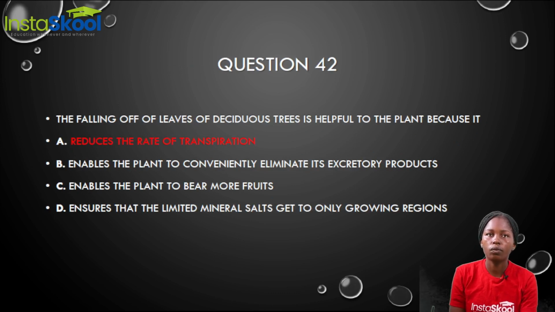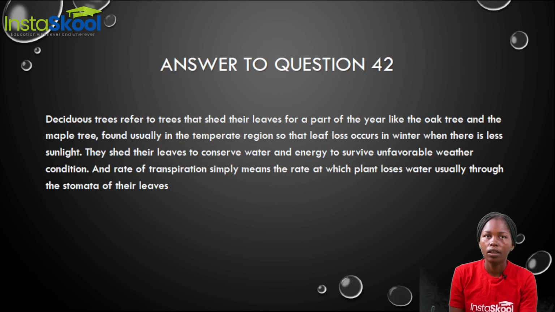Question 42. The falling off of leaves of deciduous trees is helpful to the plant because it's dash. Now, deciduous trees are trees that shed their leaves for some part of the year. Now, when we talk of deciduous trees, we are talking about the oak tree and the maple tree.